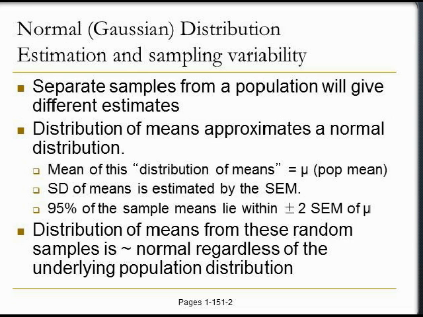Okay, and we estimate this in a data set by calculating the standard error of the mean. 95% of the sample means lie within plus or minus 2 standard errors of the mean of the population mean. Okay, and the distribution of these means from these random samples is normal regardless of the underlying population distribution. A little bit too much statistical jargon in this particular slide.